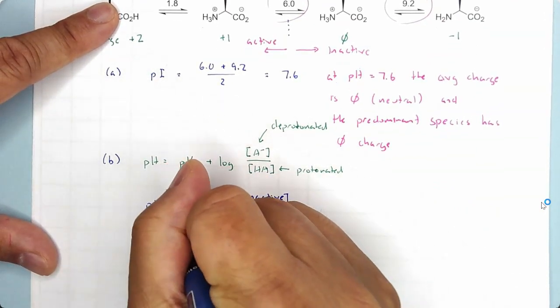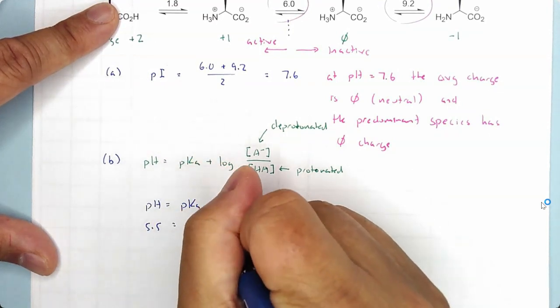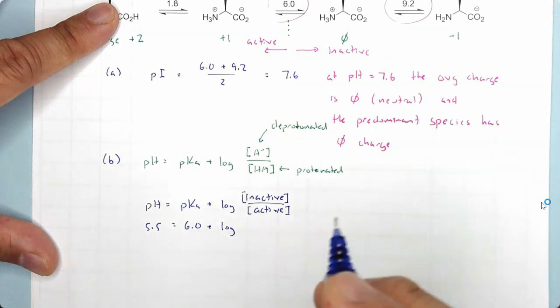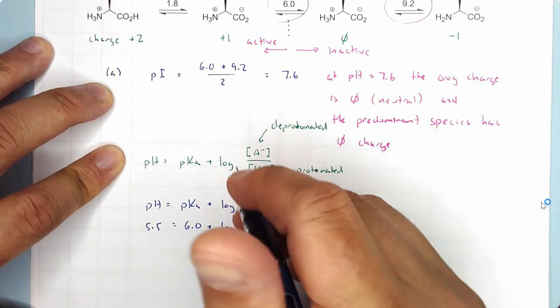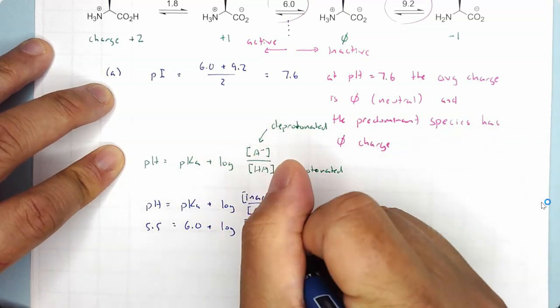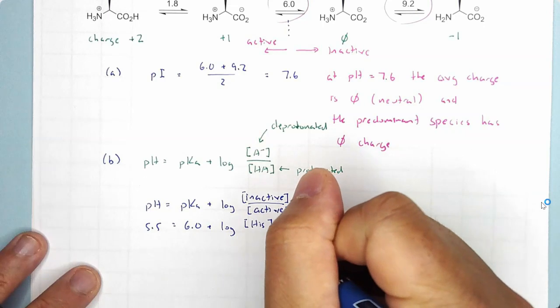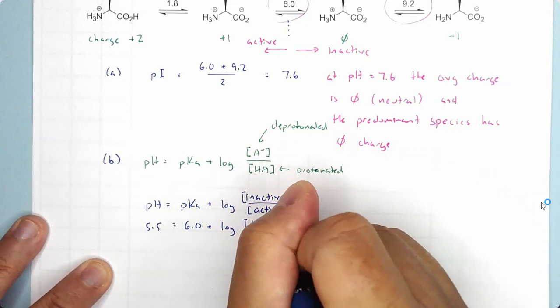The pKa that we're using here is 6.0. It's the border, right, between active and inactive, plus the log of that. Now let's simplify this a little bit so I don't have to write so much. His neutral over histidine positive.